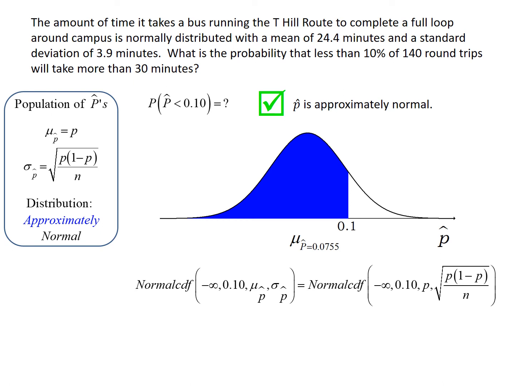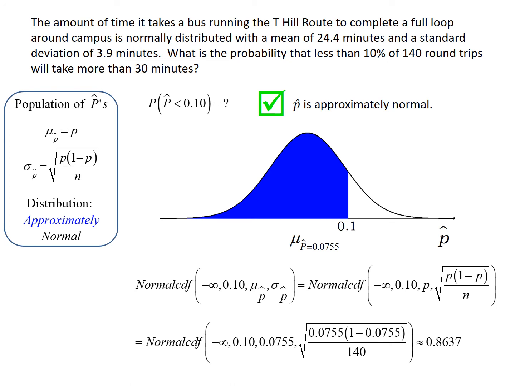So I'm going to replace all three p's with 0.0755 and n with 140. And when we do that, we should get an answer of approximately 0.8637. And again, this is the probability that less than 10% of our 140 random round trips takes more than 30 minutes.